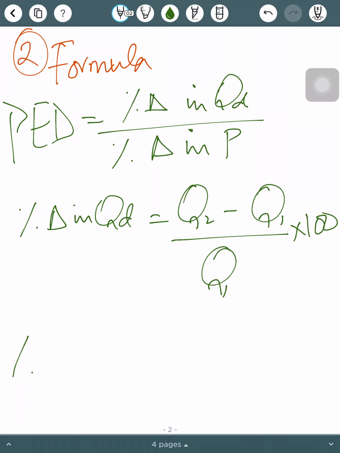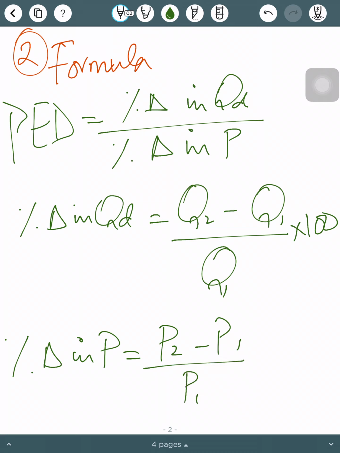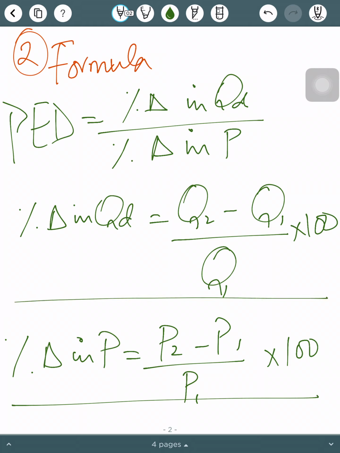Next, percentage change in price of the product is calculated by P2, the later price, minus P1, the initial price. This gives us the price difference, divided by the original or initial price, multiplied by 100. Through this we calculate the percentage change in price, through the other the percentage change in quantity demanded, and we put these values in the formula and get the answer for PED.